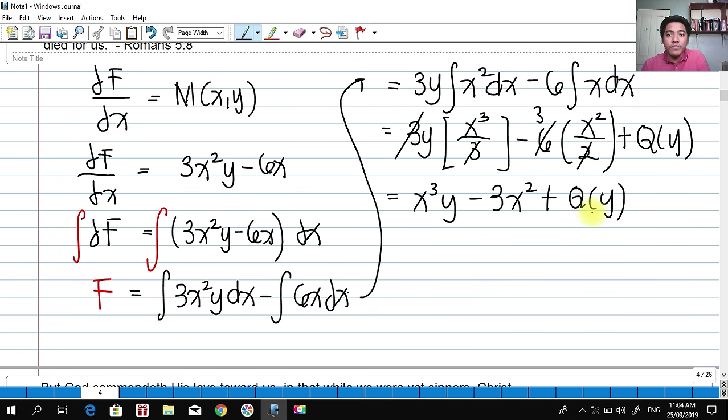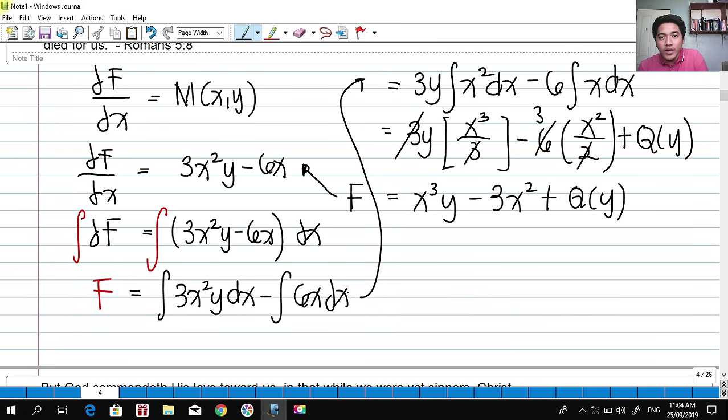Why? Because we know that this is now the f. Okay? This is now the f. The whole function is the f. And our original given is this, partial of f with respect to x. So, if I'm going to differentiate this with respect to x, I shall be arriving at this. Okay? Because that is the opposite of integration, the derivative.